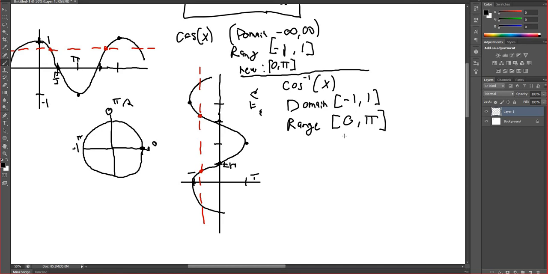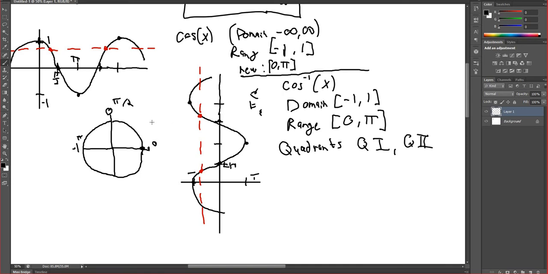What quadrants does the range consider? So on my unit circle, what quadrants is 0 to pi? Quadrant 1 and 2. So this is something I like to do a lot for helping with problems. I always go, what quadrant is a given angle in? What quadrant does it actually need to be in?